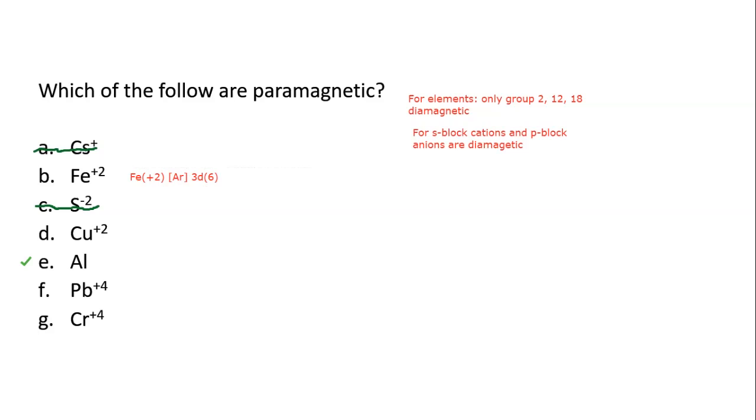Let's look. So if we add 6 electrons, we've got 1, 2, 3, 4, 5, 6. So yes, it does. So iron 2 plus is paramagnetic.